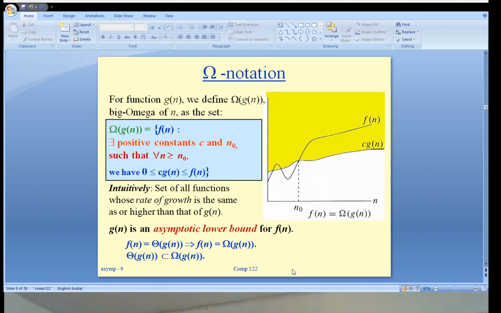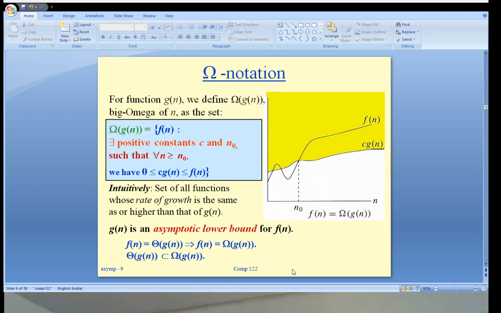The next notation is the omega notation, called the big omega notation. After that, I shall tell you about the little omega notation also. Big omega notation is the inverse of the big O notation. It bounds the function fn from the lower limit side.